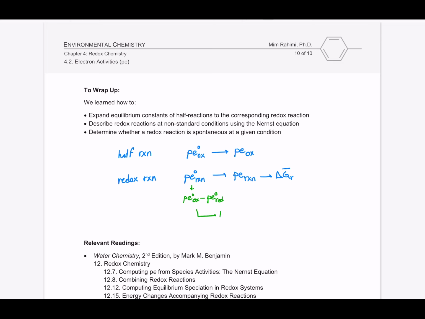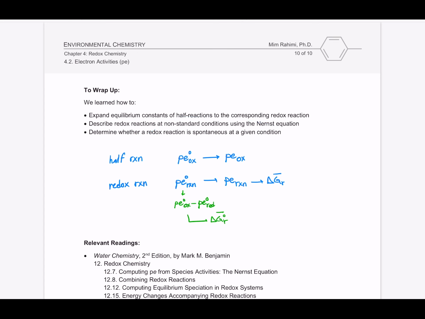And this one we could also calculate delta G of reaction at the standard condition. And based on the sign of delta G, which is related to the sign of pE, we were able to see whether a redox reaction is spontaneous or not.